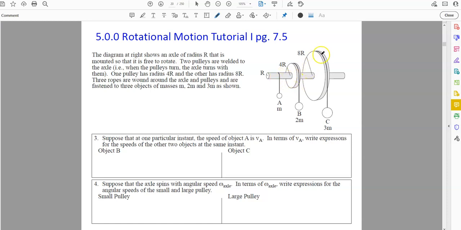Notice this is a larger circumference here, this is a smaller circumference, and this is the smallest circumference. So you're going to interpret how far something moves in the linear direction and relate it to the number of turns it makes per second. This is the linear velocity stuff, and this is the angular velocity stuff.